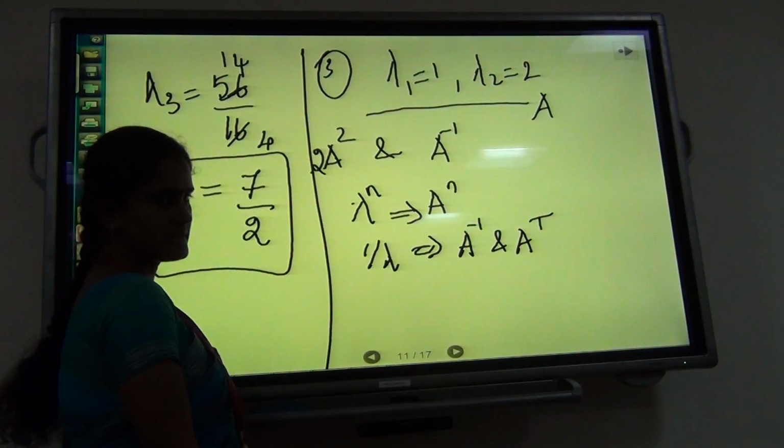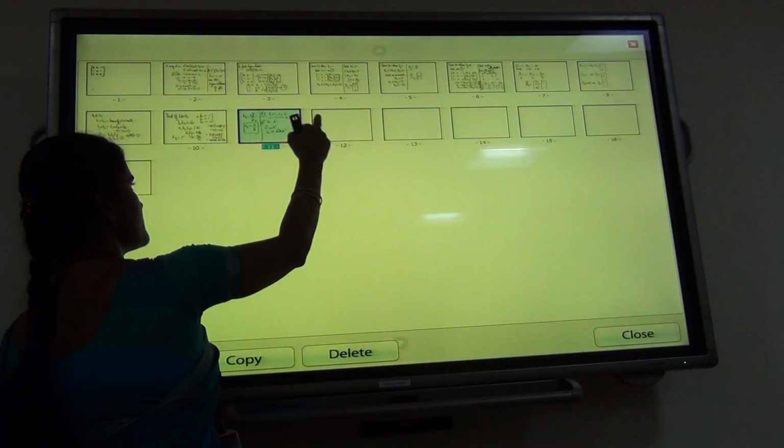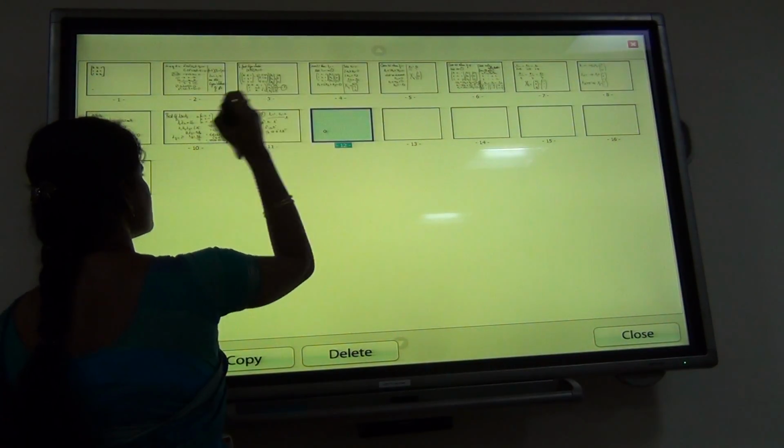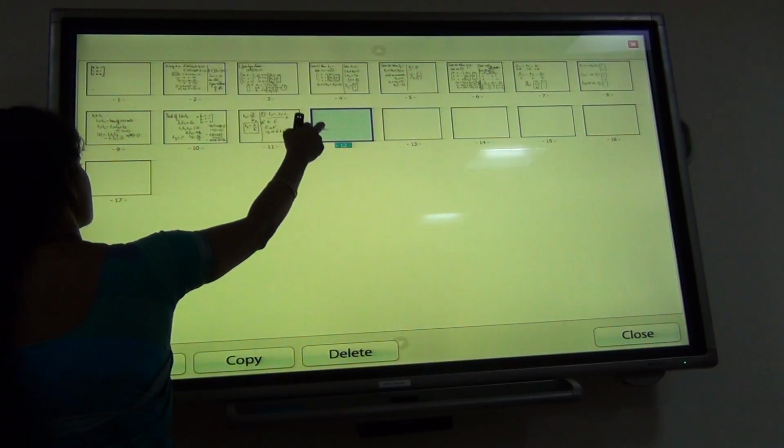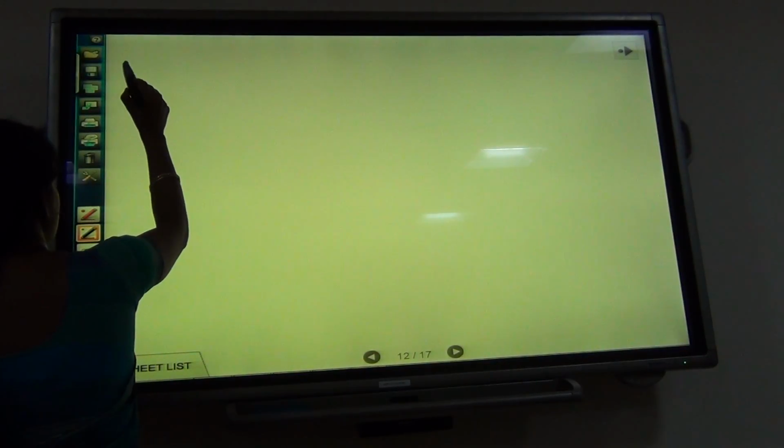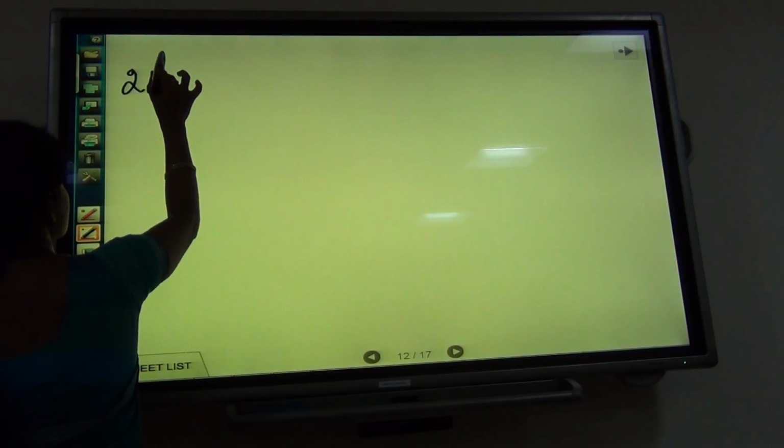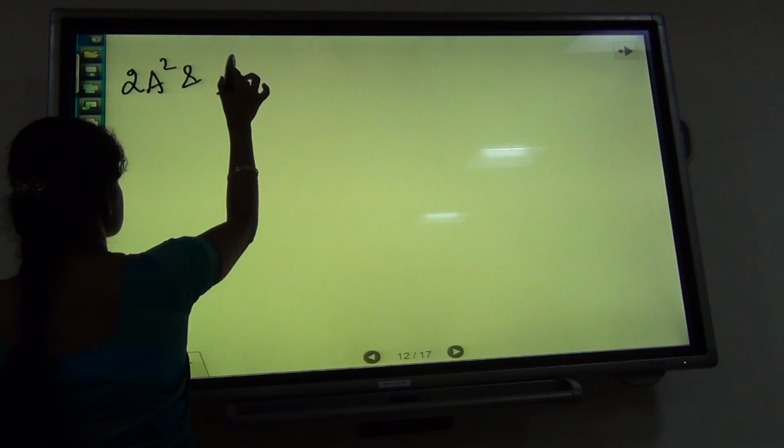These are the two properties we have learned. So using these properties, we can give the eigenvalues of 2A square and A inverse.